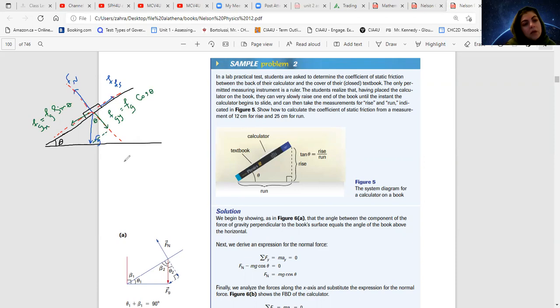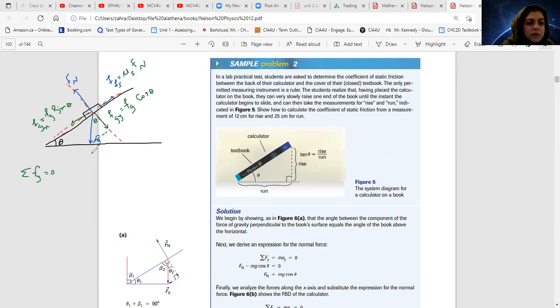Now in the x and y directions, all the forces cancel because the calculator is not moving. Also, the force of friction is equal to mu s multiplied by F of n. In the y direction, all forces add up to 0.